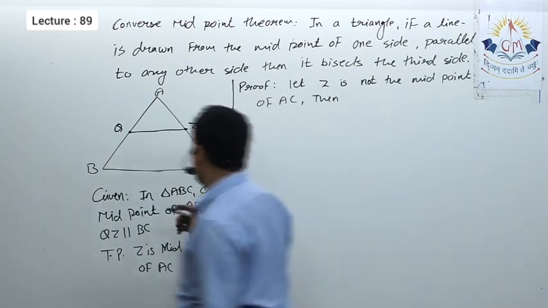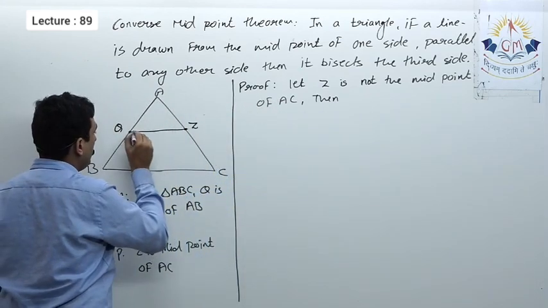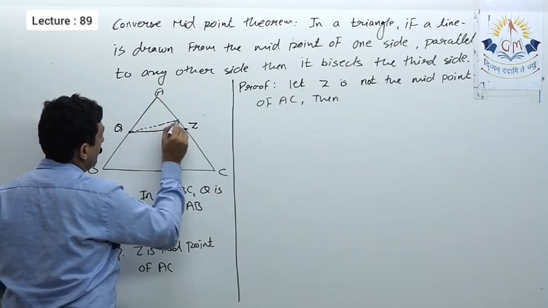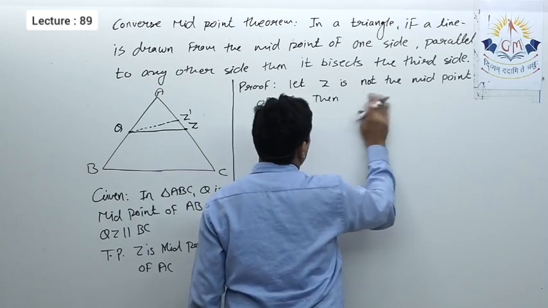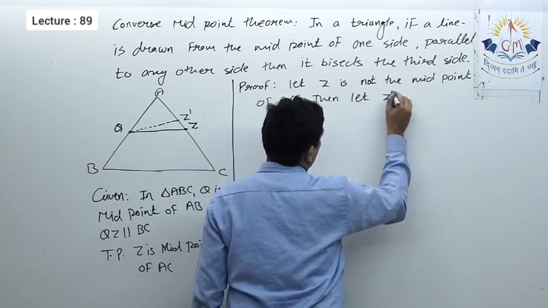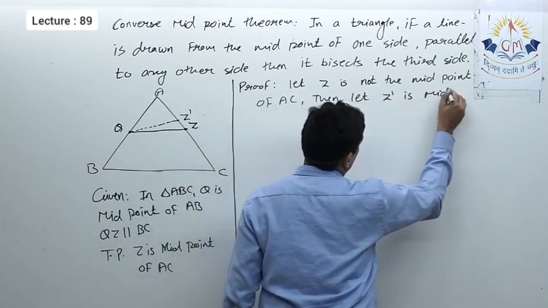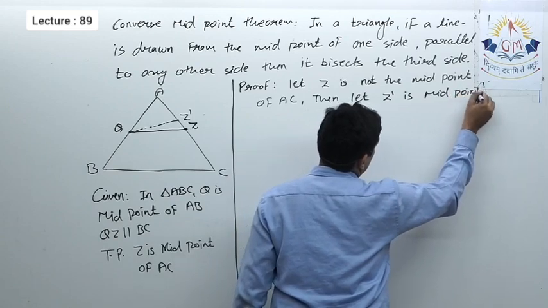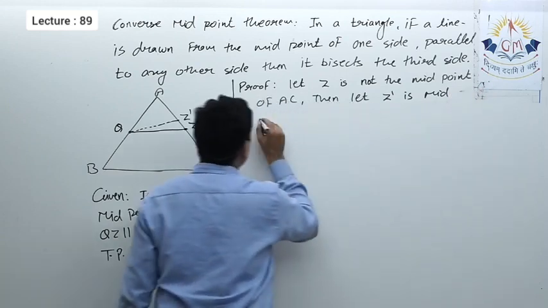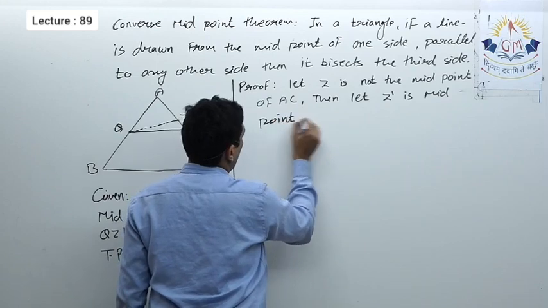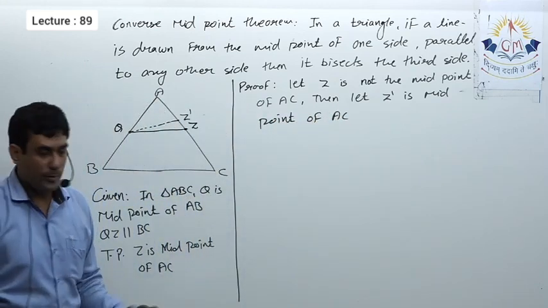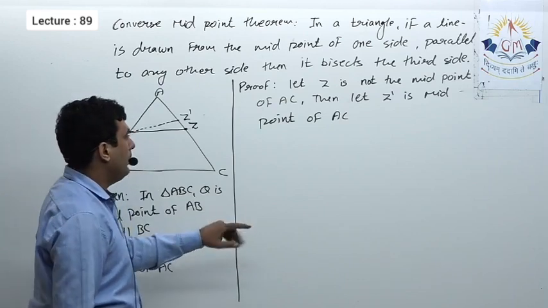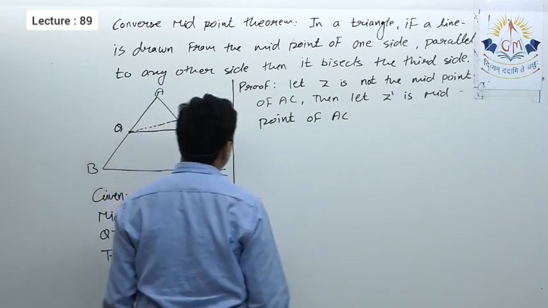So if Z is not the midpoint, as I'm assuming, then say Z dash is the midpoint of AC. Definitely there will be a midpoint, so say Z dash is the midpoint of AC.